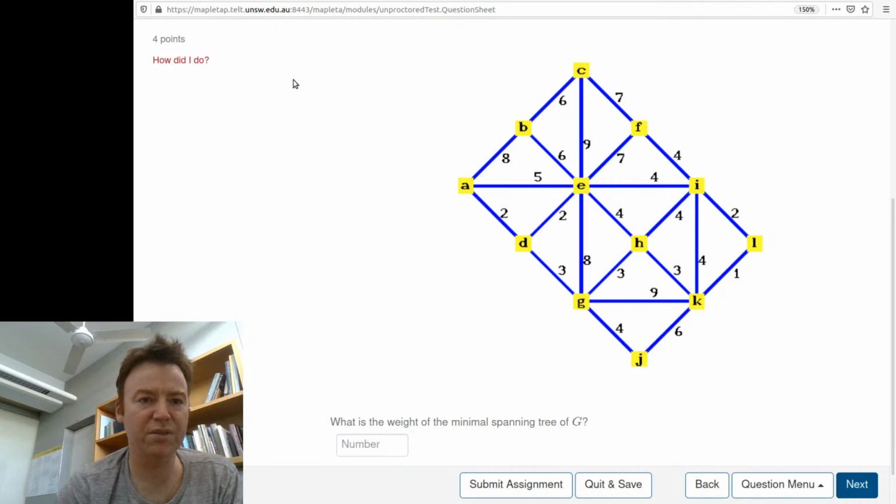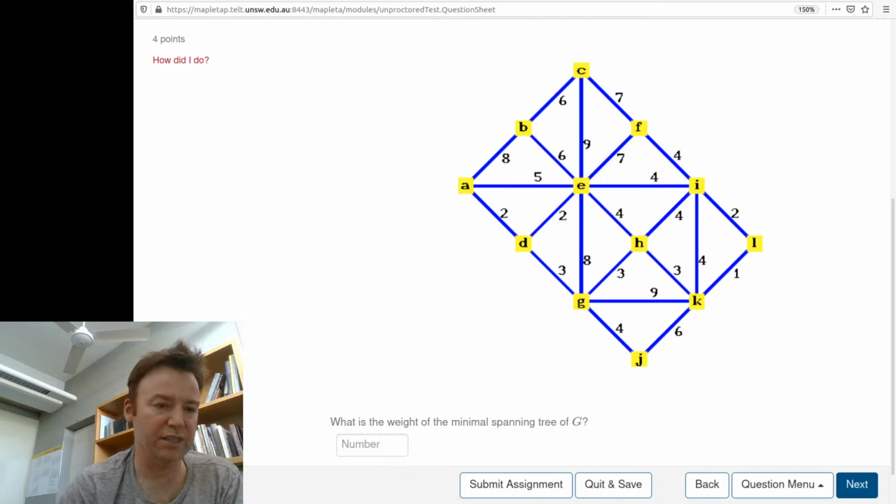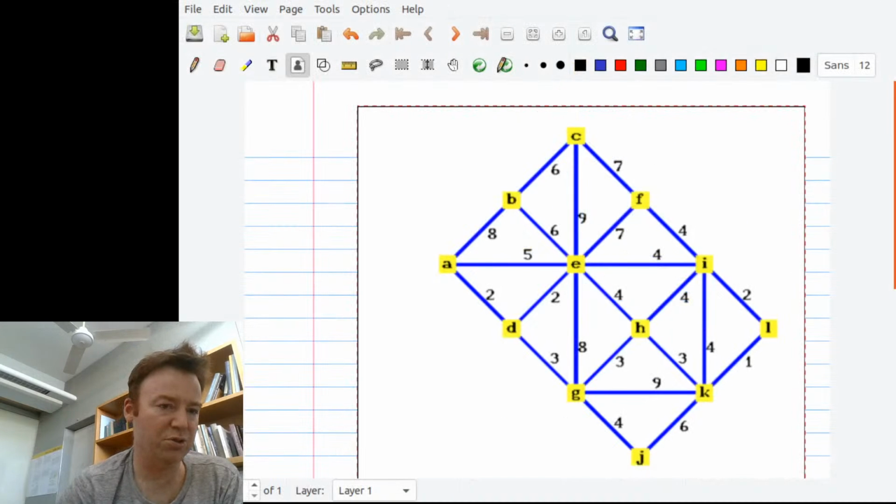Okay, what is the weight of my minimal spanning tree? Oh, you can't see what I'm doing again. So I've just copied it over here so I can draw on it.